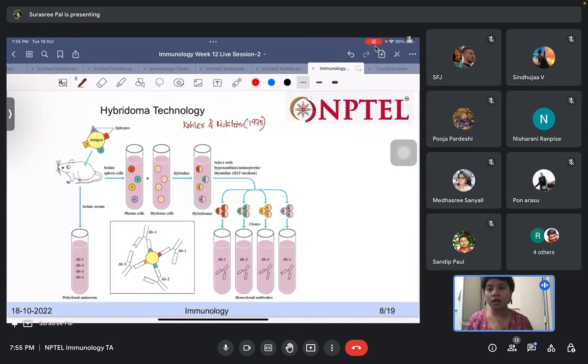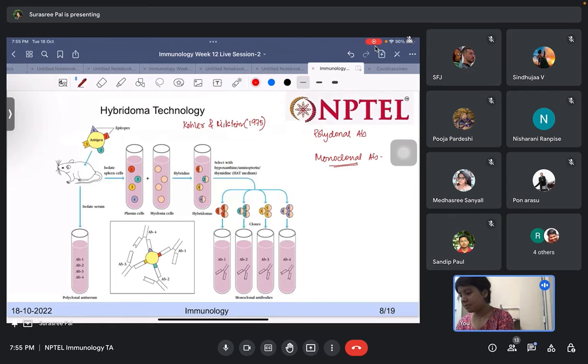So first of all, let me introduce these two terms, polyclonal antibody and monoclonal antibody. Monoclonal antibody simply means that these antibodies are directed against any one particular epitope, a single epitope of the antigen.